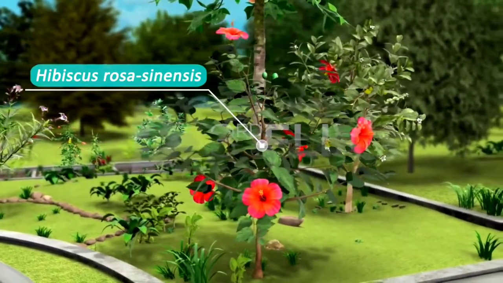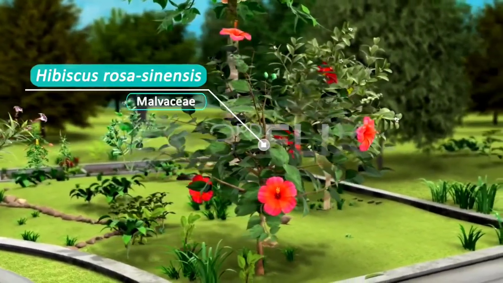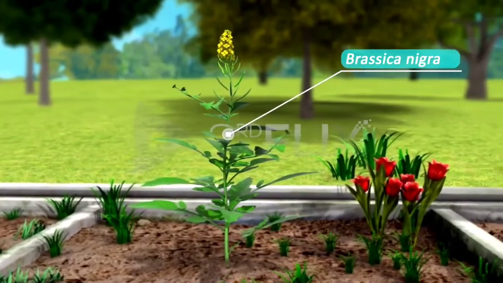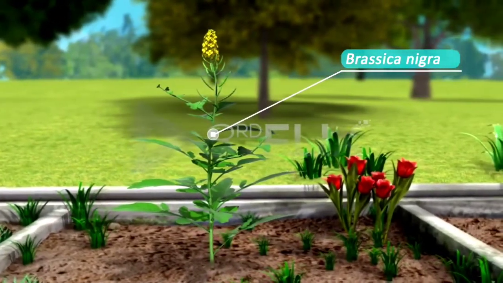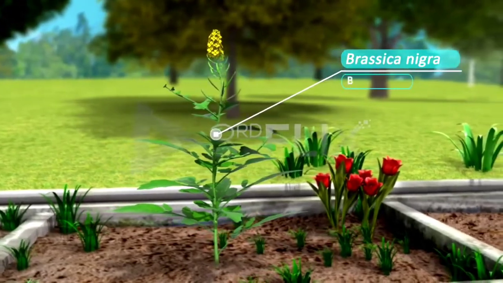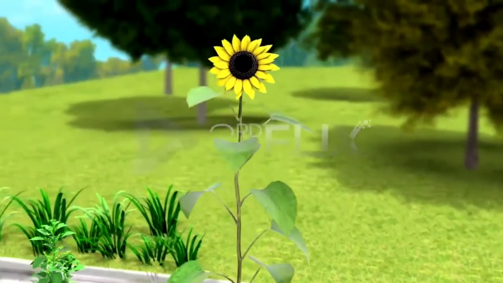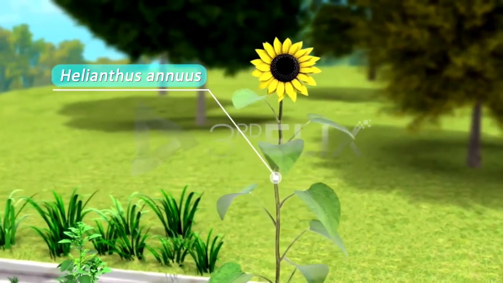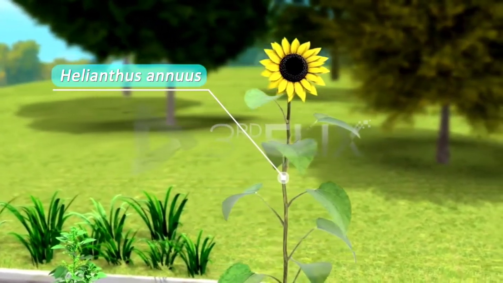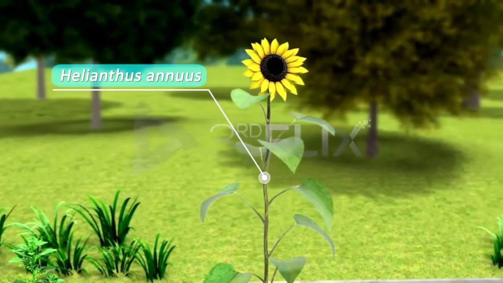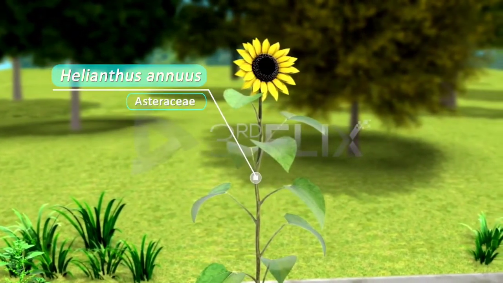China rose belongs to the family Malvaceae. Brassica nigra is the botanical name of mustard plant. Mustard belongs to the family Brassicaceae. Helianthus annuus is the botanical name of sunflower plant. Sunflower belongs to the family Asteraceae.